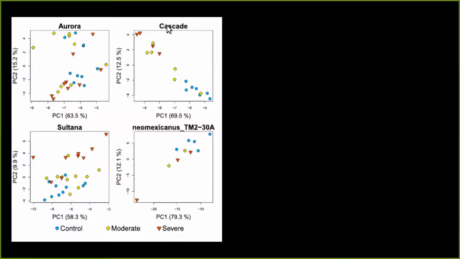This trend was most pronounced in the Cascade cultivar, but there is also a similar trend, although not as distinct, with the Neomexicanus, with the Sultana, where red is up here, blue is down here. Not so distinct with Aurora. But overall, it did seem like our drought treatments produced a pronounced and noticeable effect on the chemical composition of these hop leaves.